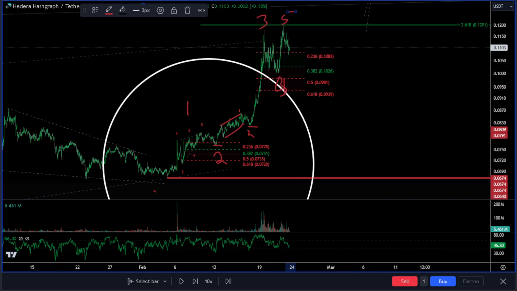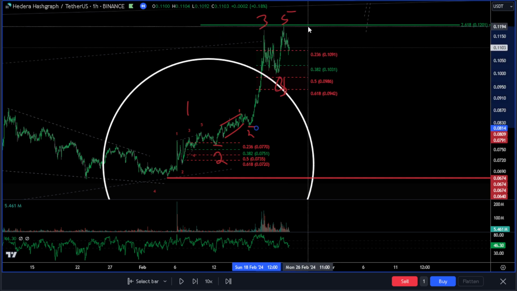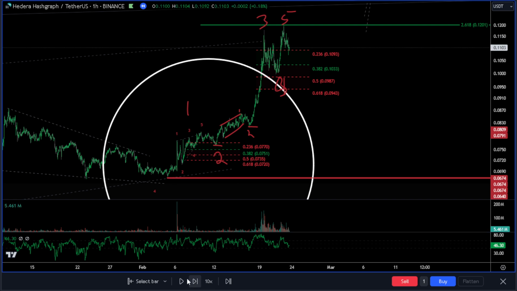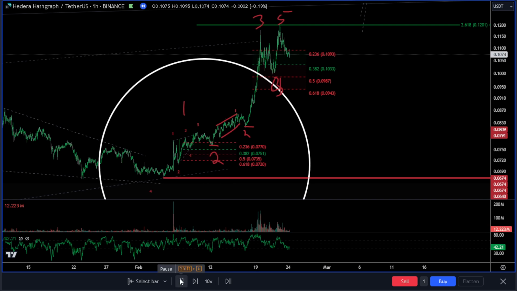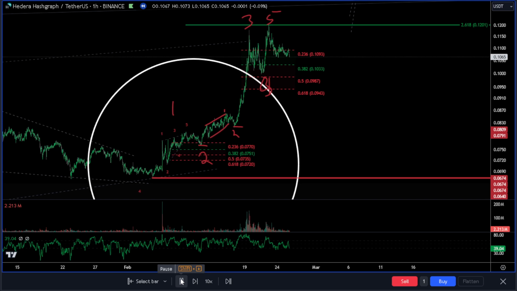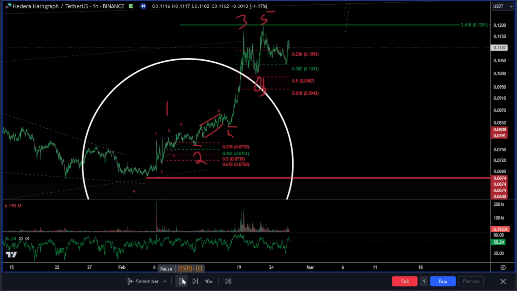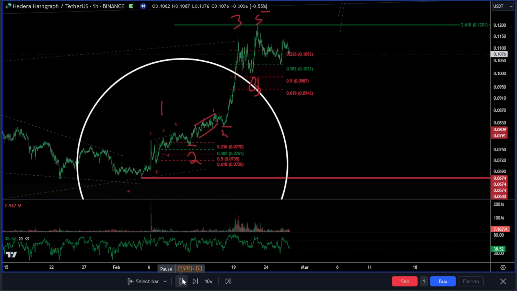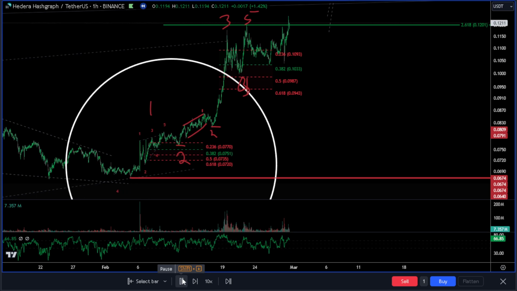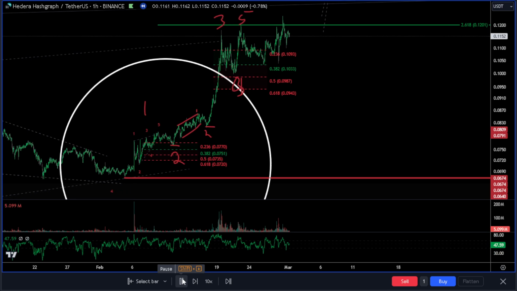So at this point, we're looking for one more wave to the upside, right? And we're up pretty significantly at this point. A lot of chop. We're not worried. Our stop's at the 618.